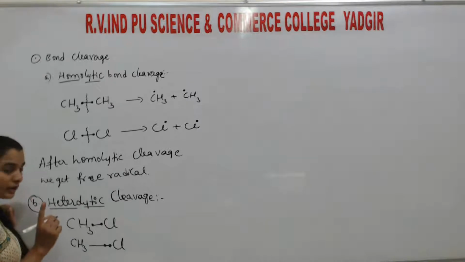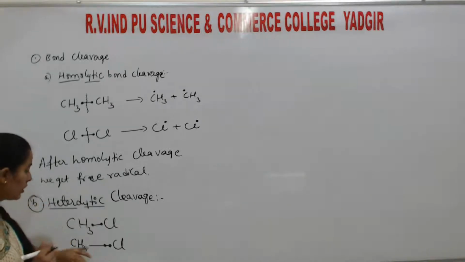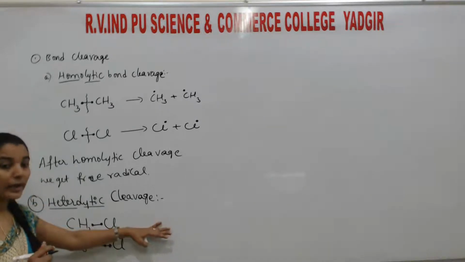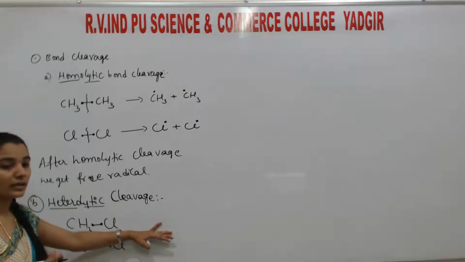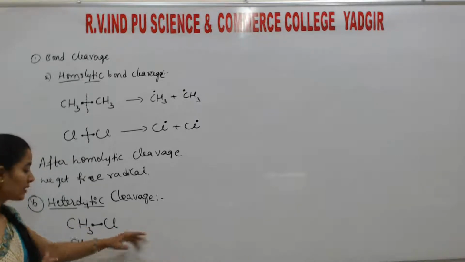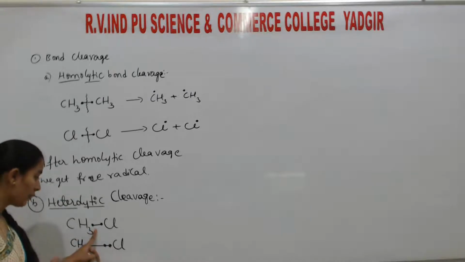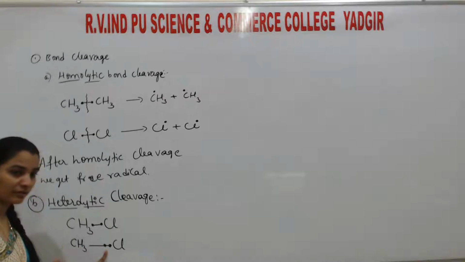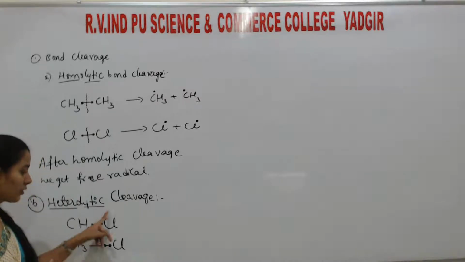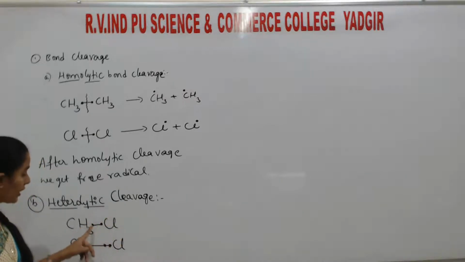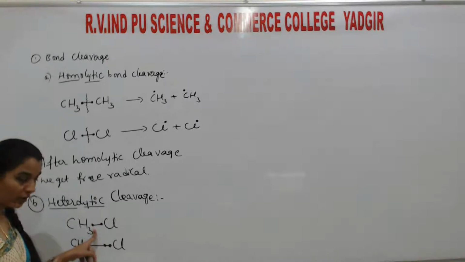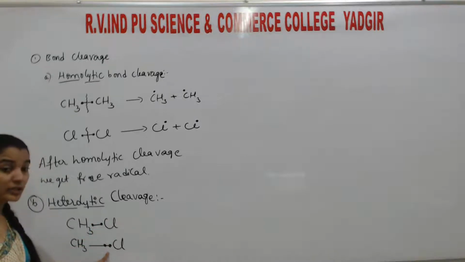Because in the periodic property I told you, along the period, electronegativity increases. Electronegativity means the capacity of an atom to attract the shared pair of electrons towards itself. That is called electronegativity.